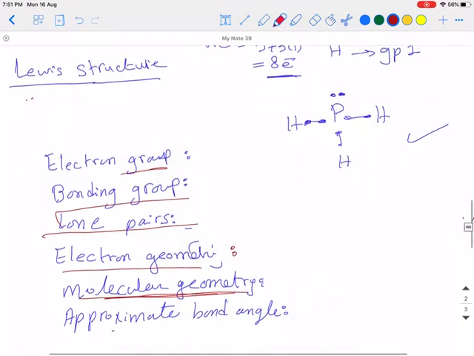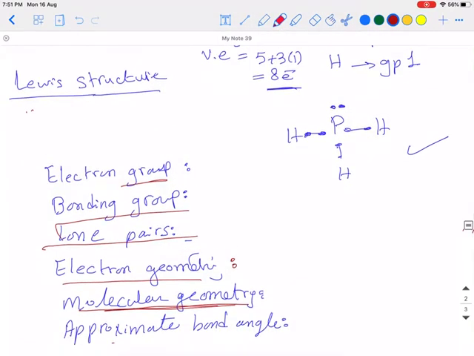Now let us answer the questions related to it to know eventually its molecular geometry and the approximate angle. Electron groups, we have 1, 2, 3, 4, so 4. Bonding, 3. Lone pair, 1.